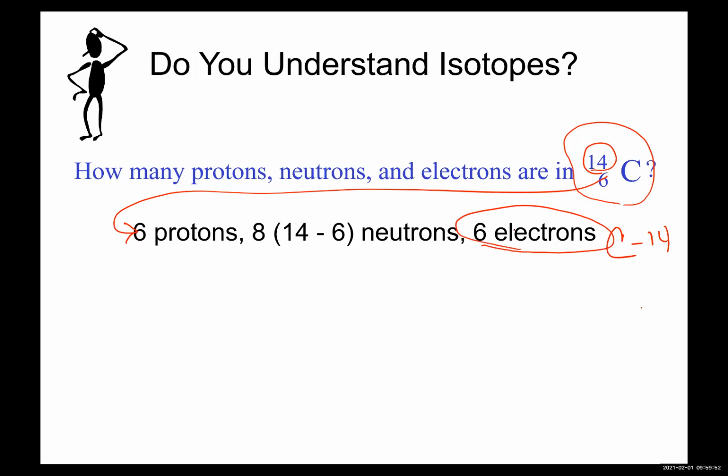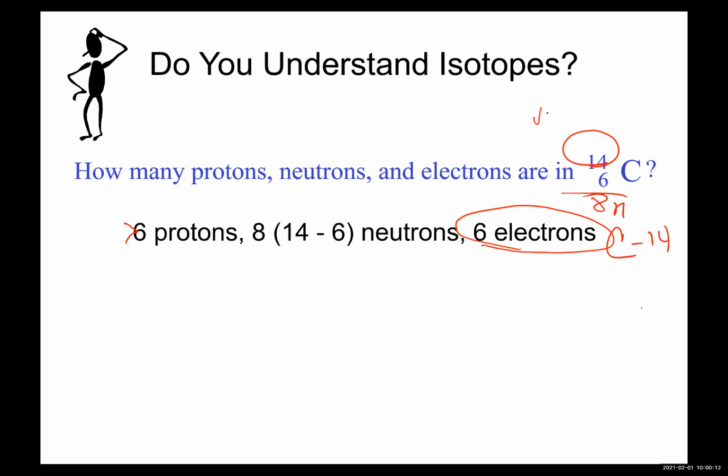The same number of electrons as protons. How many neutrons in carbon-14? All you have to do is subtract 6 from 14, you get 8. That's the number of neutrons. Why? Because the upper number, the mass number, counts neutrons and protons. The lower number is the number of protons. The difference between these two will give you the number of neutrons.